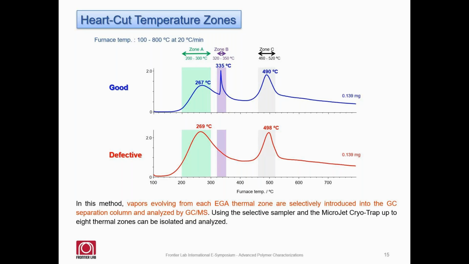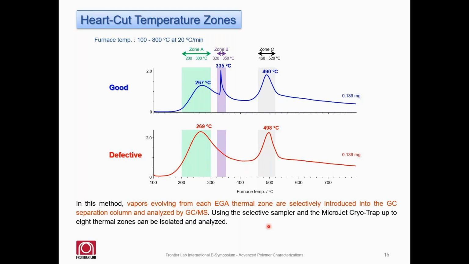Here we have considered the zones and fragmented them into three zones: zone A, zone B, and zone C. In this method, the vapors evolving from each zone are selectively introduced into the GC separation column, using the device called the selective sampler, as Michelson mentioned in the previous talk.